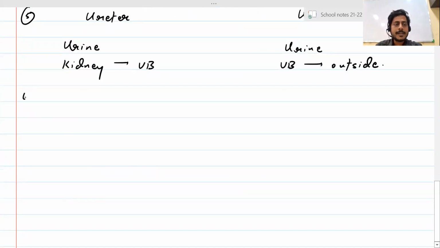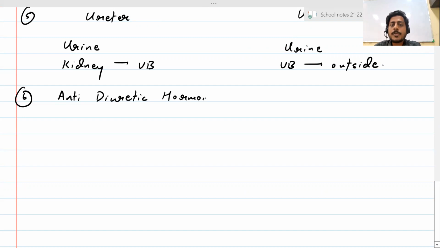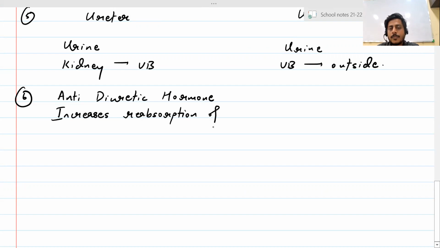The sixth question that we had given for excretory was the role of ADH. If you remember, the full form is anti-diuretic hormone, and this ADH is produced from the posterior lobe of the pituitary gland. ADH का काम है urine में water level कम करना. So what does ADH do? It increases the reabsorption of water from the nephron.